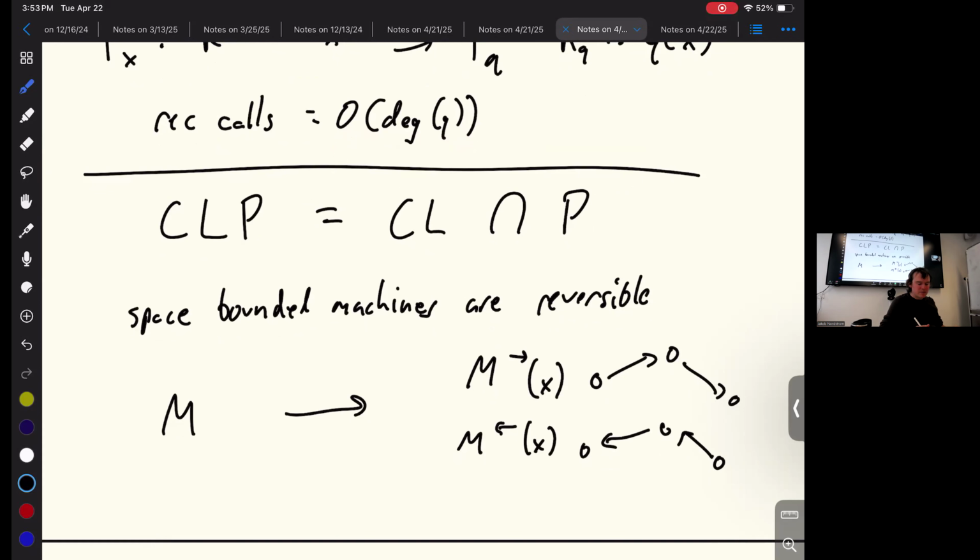But the transformation from M to M forwards and M backwards is just a generic transformation. So the claim is that from a machine M, you can create this pair of machines that satisfy these properties, and that for any given x, it does the same thing as M on x, it outputs the same value, 0 or 1. Okay. Yeah.